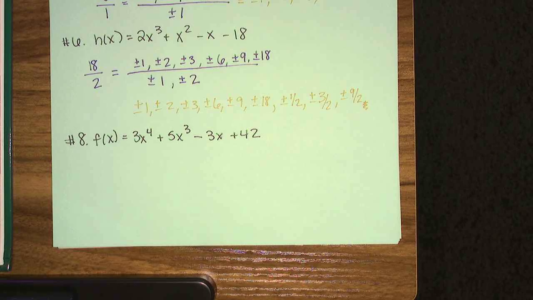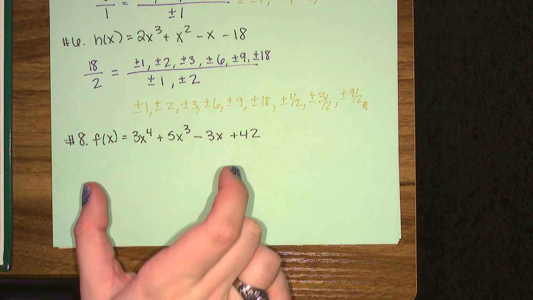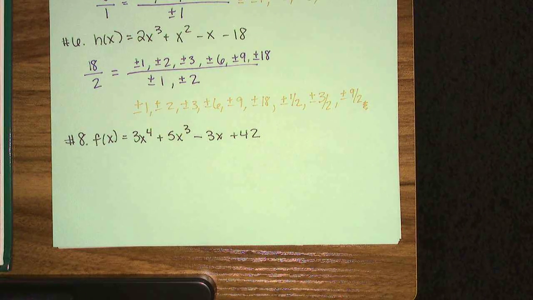That doesn't matter for this. That will matter when you write your synthetic division. So for this step, that doesn't matter, but for the synthetic division in the next step, it would matter.